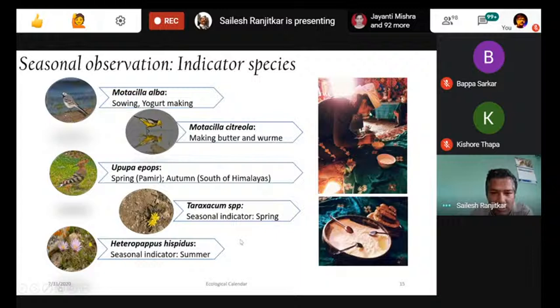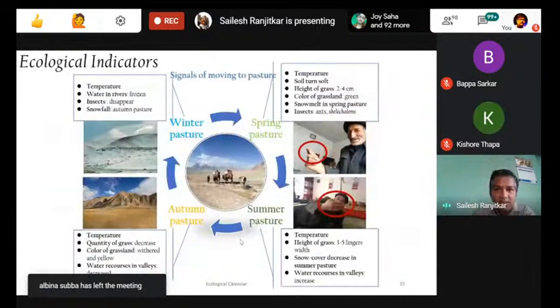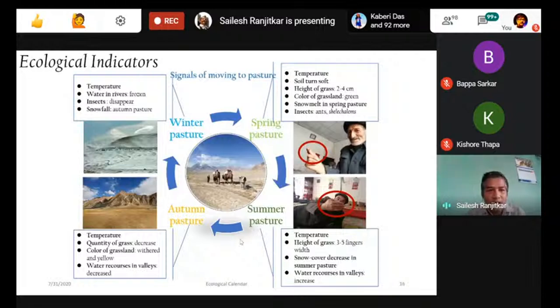Similarly, the flowering of the Cecum species, dandelion and daisy are also important indicators for spring and summer. These are also quite consistent across the Himalayan and Pamir region. So this is one example of how pastoral activities are carried out in the Pamir region, depending on the ecological indicators.